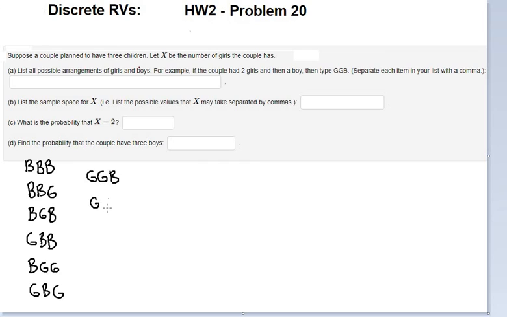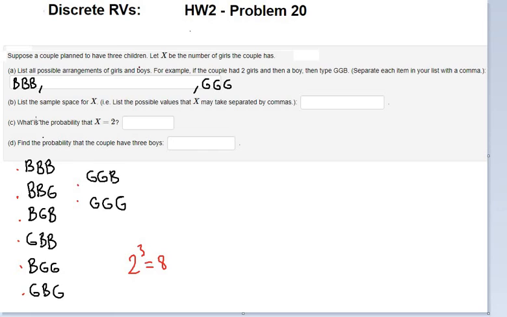And they can have 3 girls. So we have totally 8: 1, 2, 3, 4, 5, 6, 7, 8, because we have 2 options, either boy or girl, and they would like to have 3 children, so 2 to the 3rd is 8. That's the total number of outcomes that they can have. So this is the combination. You have to write here boy, boy, boy, comma, everything else here, and finally girl, girl, girl.